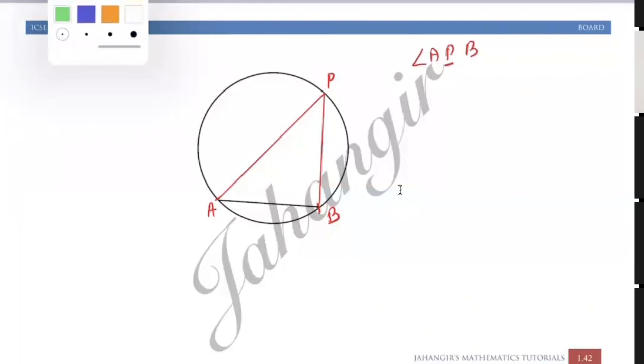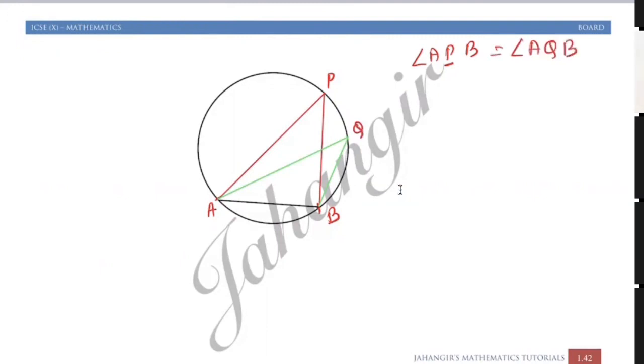Now I will draw with another pen. This is Q, equal to angle AQB. What is the difference? Only the point on the circumference. The first and last points are the arc. One more angle I will draw. All three angles are equal.